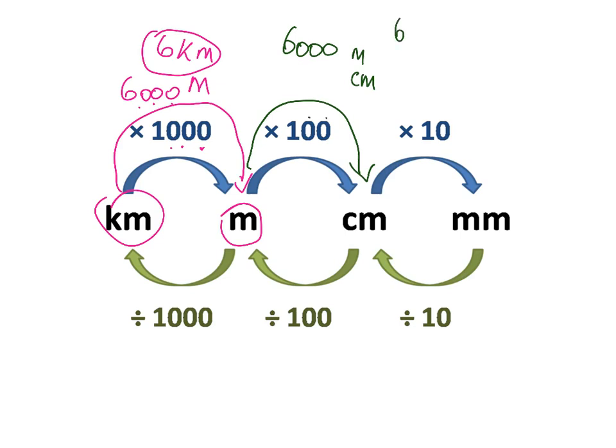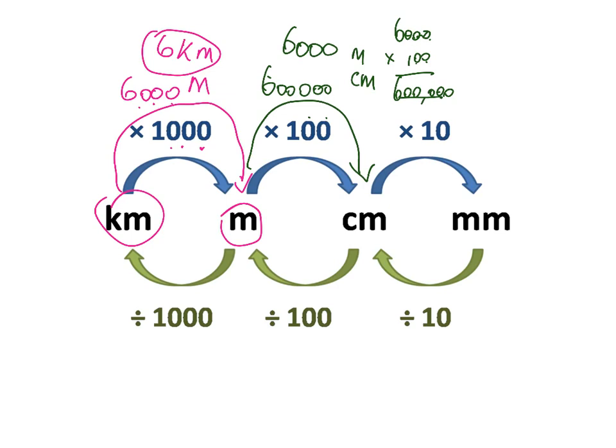So we could go 6,000 multiplied by 100, okay? And the answer that we would get would be 600,000 centimeters. Okay, and we know this as well because if we counted all these up, 1, 2, 3, 4, 5, we would actually get 600,000.